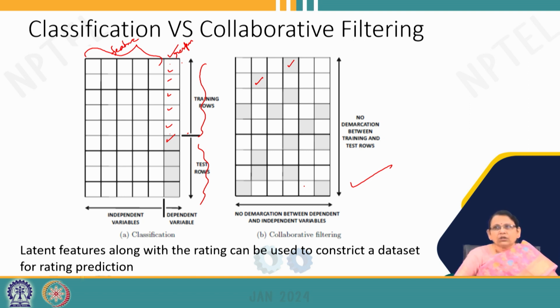Now, if we would love to use the traditional machine learning models, we have to create a situation like this, where you will have a number of features and some kind of dependent or response variable. How do we make it here?